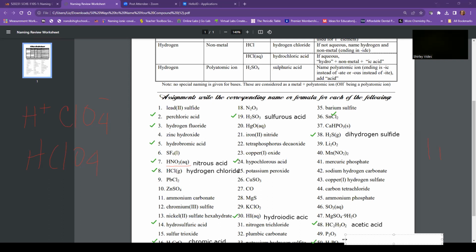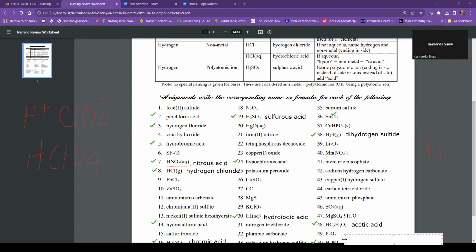H3PO3. Okay, so what is PO3 in your polyatomic ion sheet? I don't see PO3. It should be PO3, 3 negative.